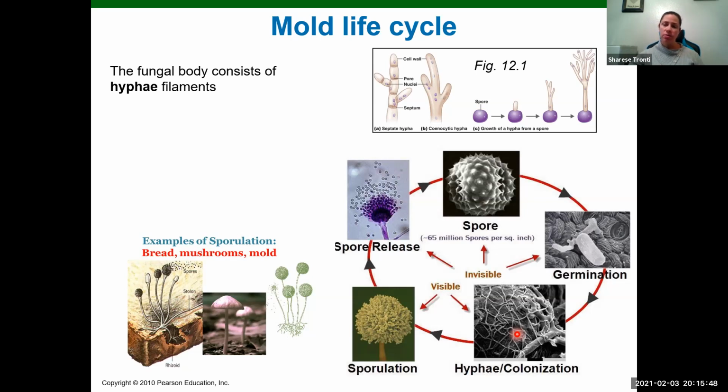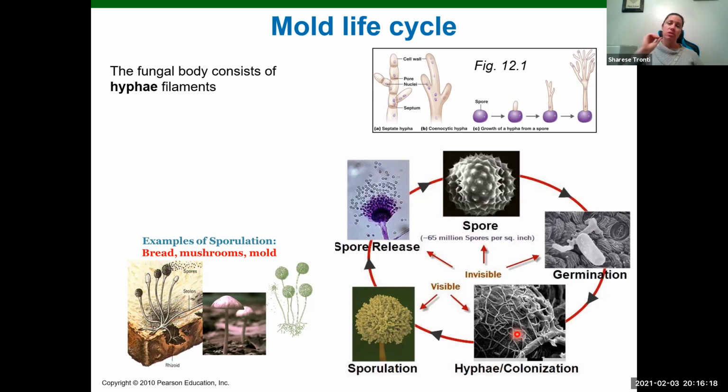If you remember back to when we were talking about bacteria, prokaryotes, where we have the production of endospores, the endospores allow that bacterial species to survive in a harsh environment. Here it's a very similar concept. These molds are going to produce spores, but in this case, the spores are a form of reproduction.